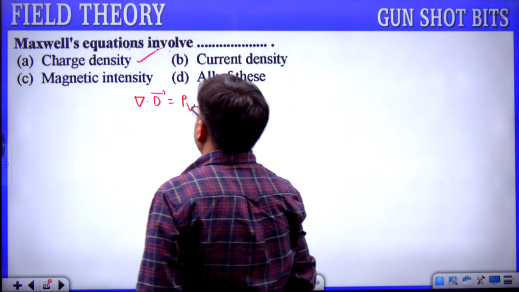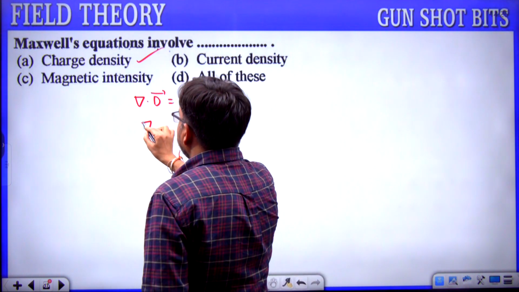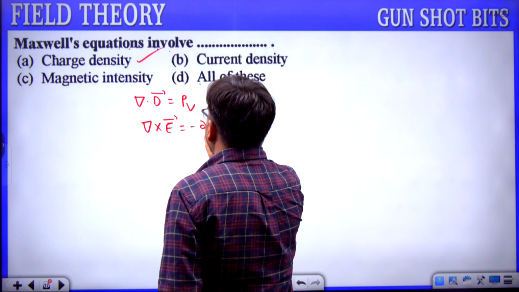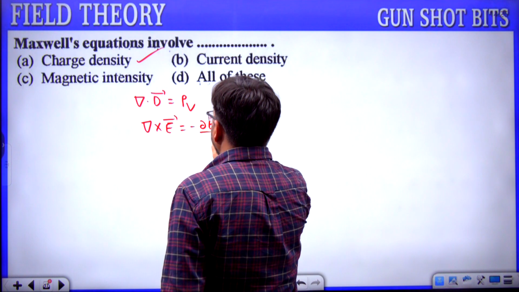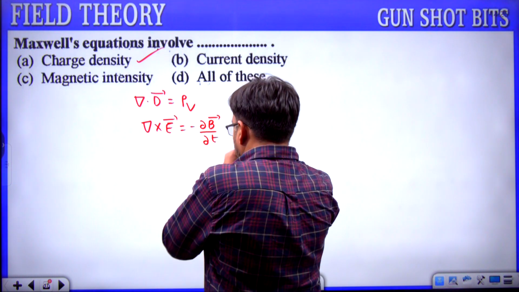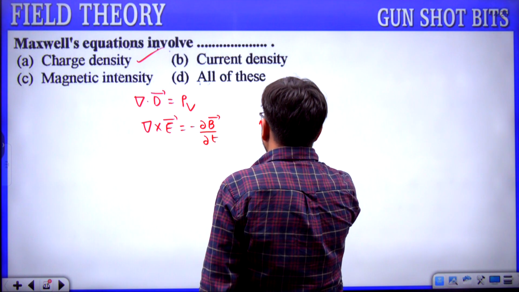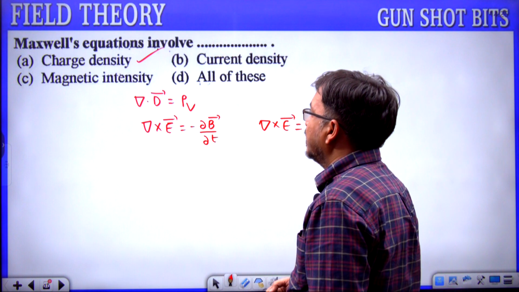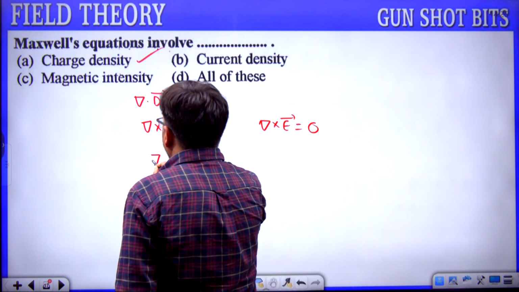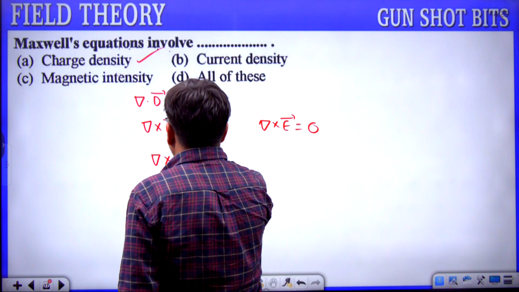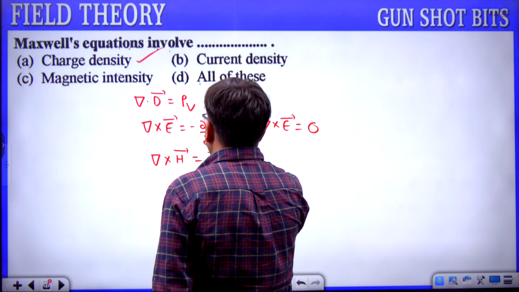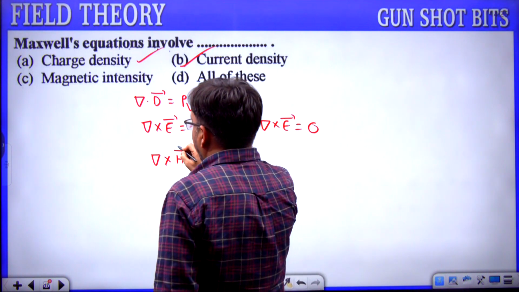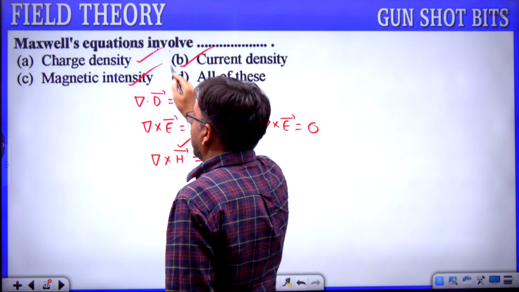The second equation is curl E equal to minus dou B by dou T in time varying fields, otherwise in electrostatics curl E equals 0. So that is not related to this question. The third is curl H equal to J, where J is current density, and magnetic field intensity is also involved.